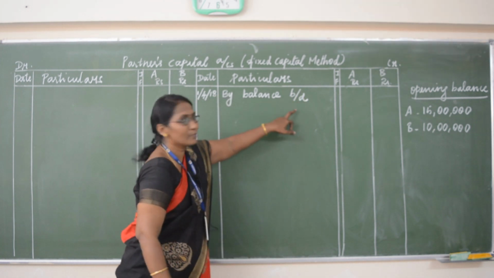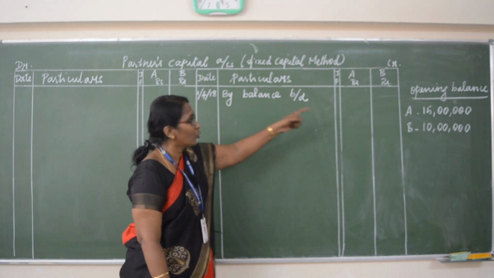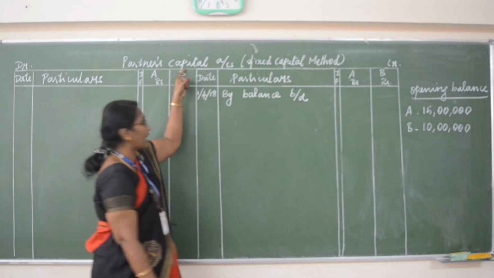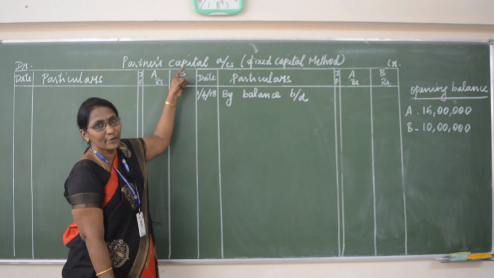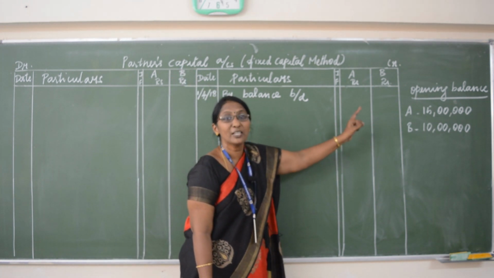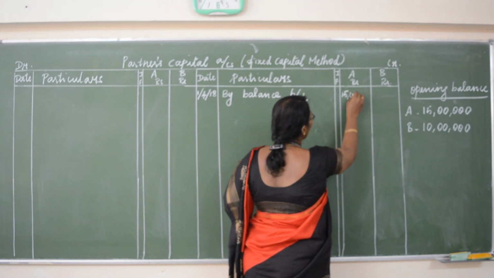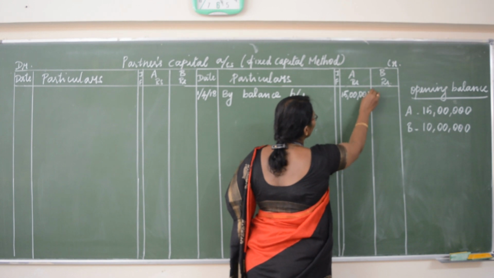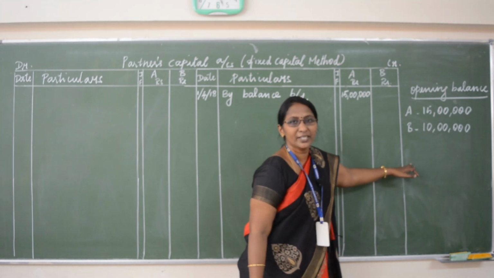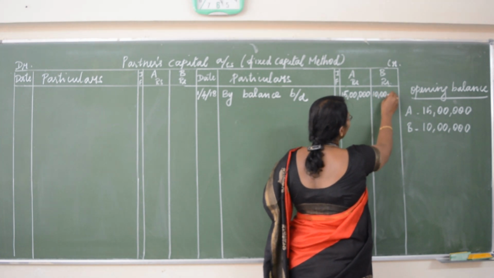By balance brought down is about what? Opening balance of capital. How much is given in the question? For A it is how much? 15 lakhs. Here I write 15 lakhs. For B how much? 10 lakhs. So I write here 10 lakhs.